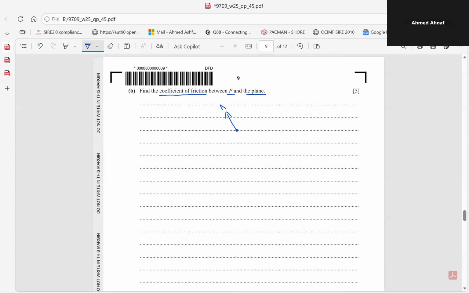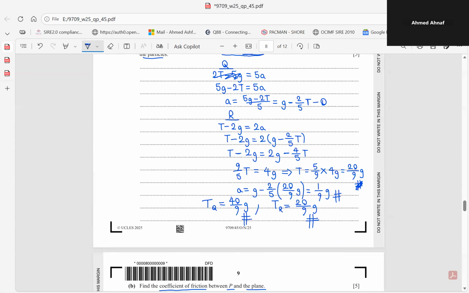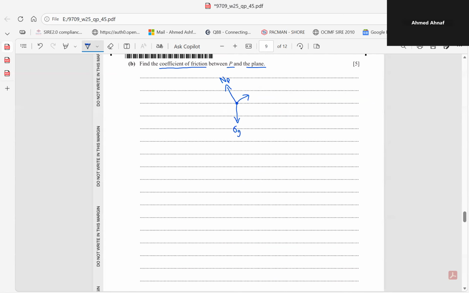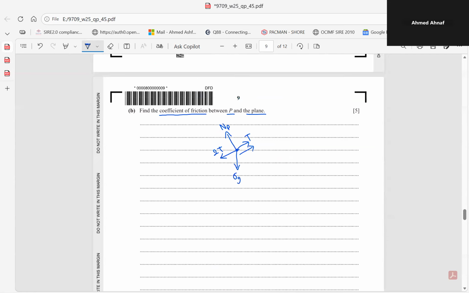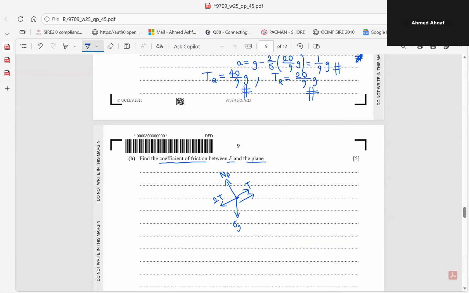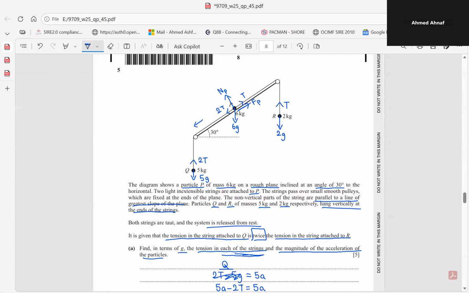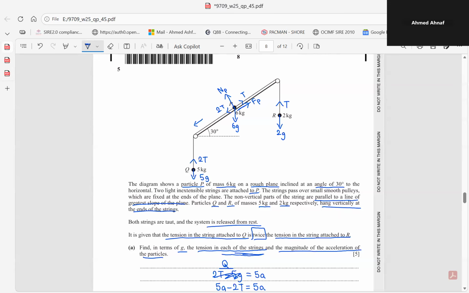So this is NP, and then this is the weight, 6G if I'm not wrong. Yeah, 6G. And then we also have the tension in here. This is 2T, and then here we have FP, the friction of P. Yeah, it's just these.